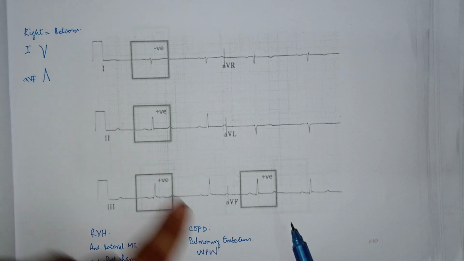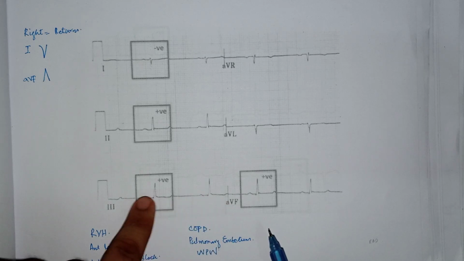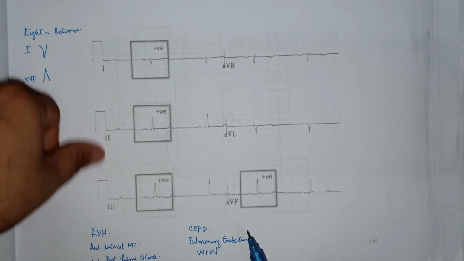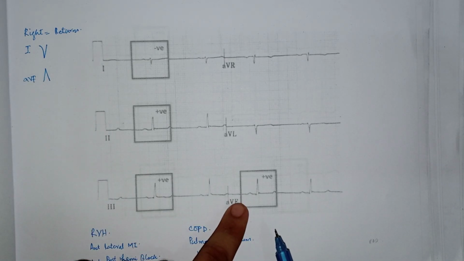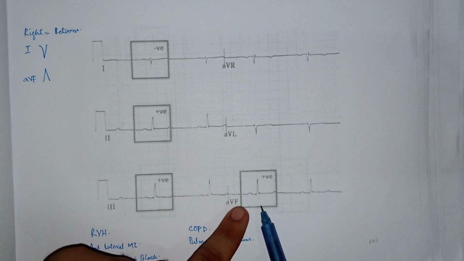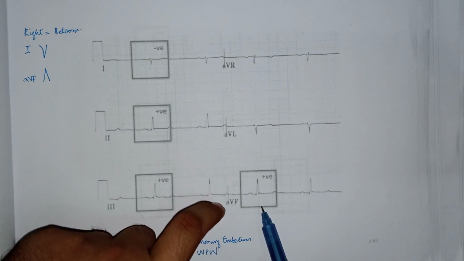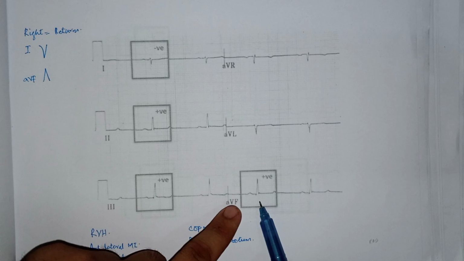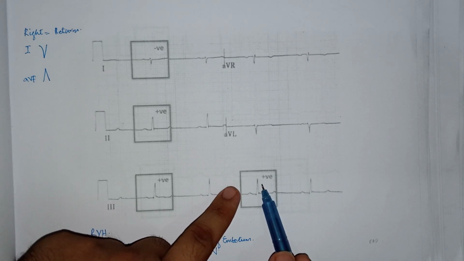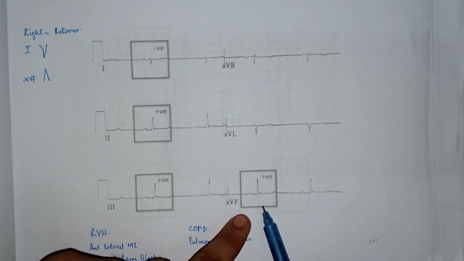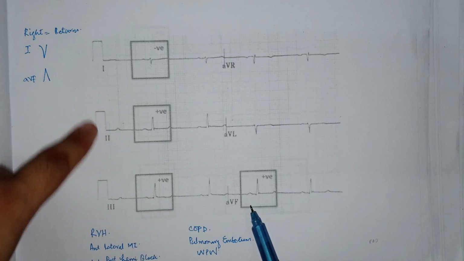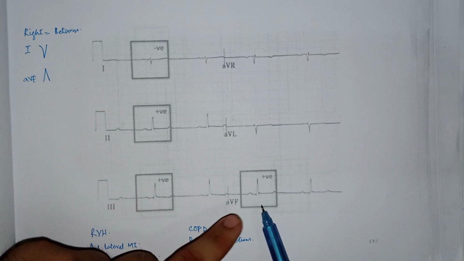Some books say that in place of AVF, check lead 2 or 3 in case there is an isoelectric AVF, that is, we cannot determine whether it shows a positive or a negative deflection. Then lead 2 or lead 3 acts as a tiebreaker.